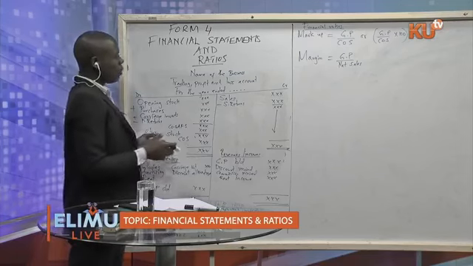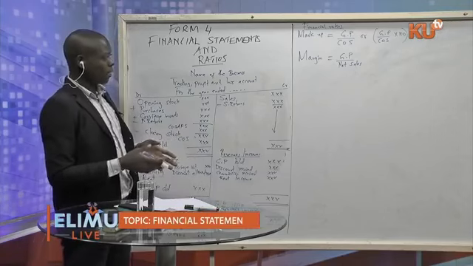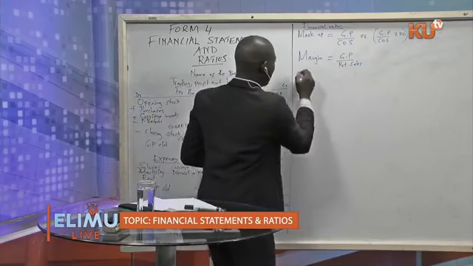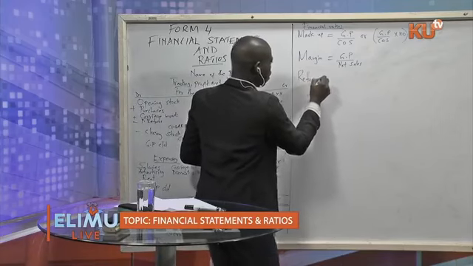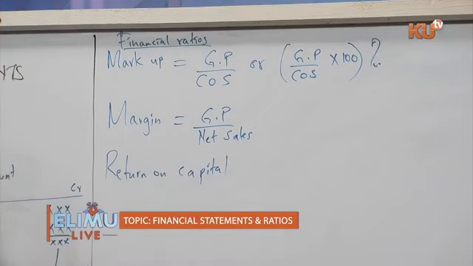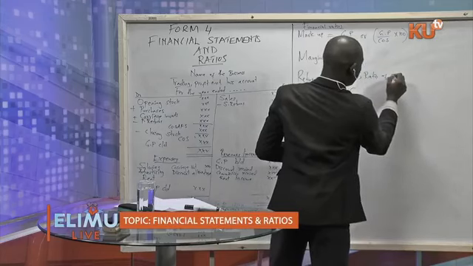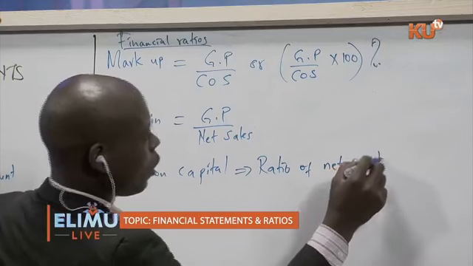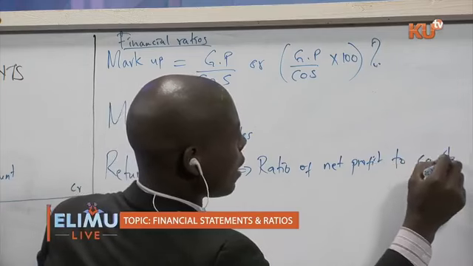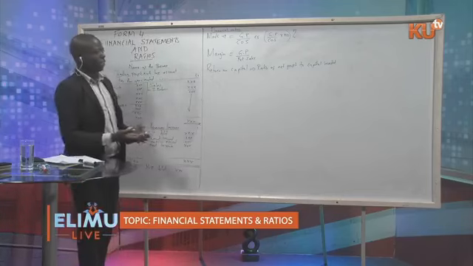Now, remember, the main purpose of the business is to make profit. And so when we are calculating, we need to remember there's also what we call return on capital. How do we calculate return on capital as a ratio? We explain it as a ratio of net profit to the capital invested, and we can express it as a fraction or as a percentage.